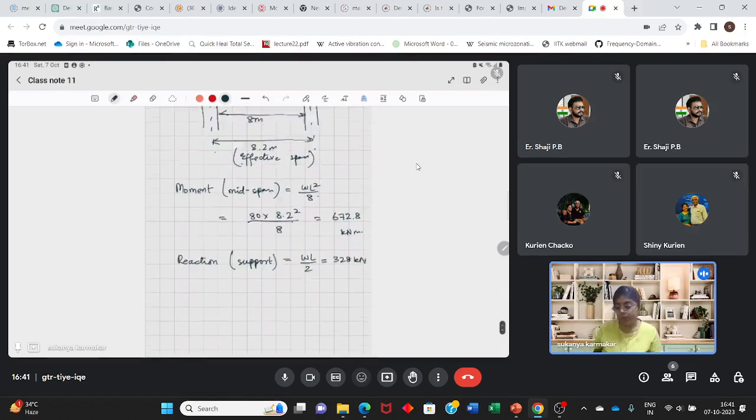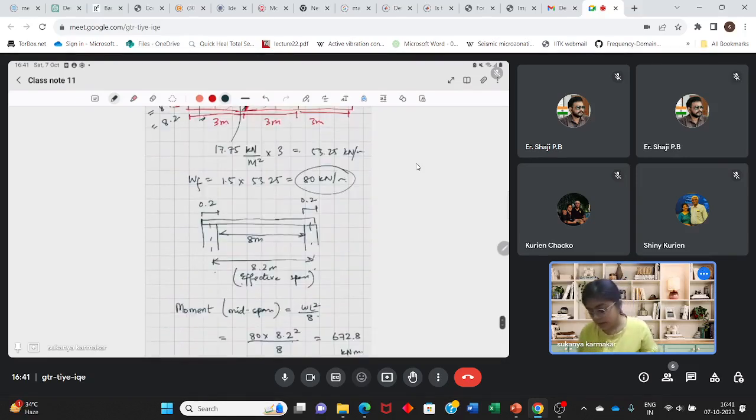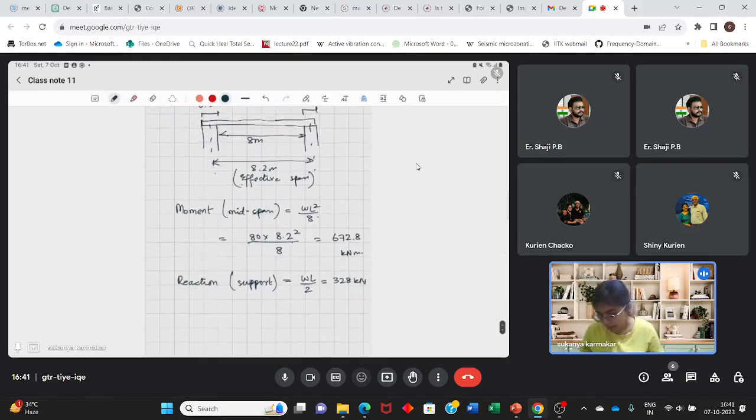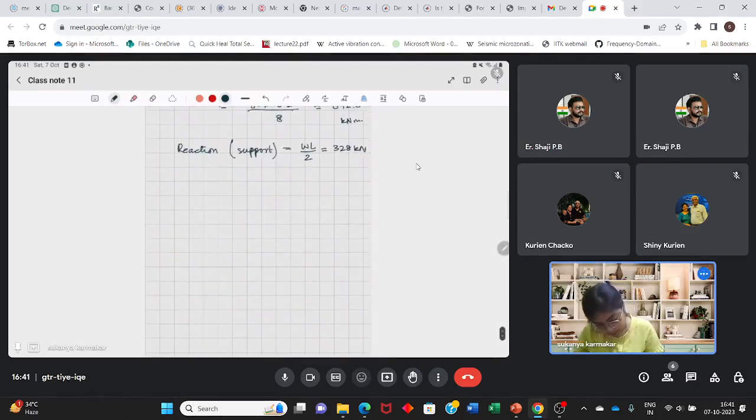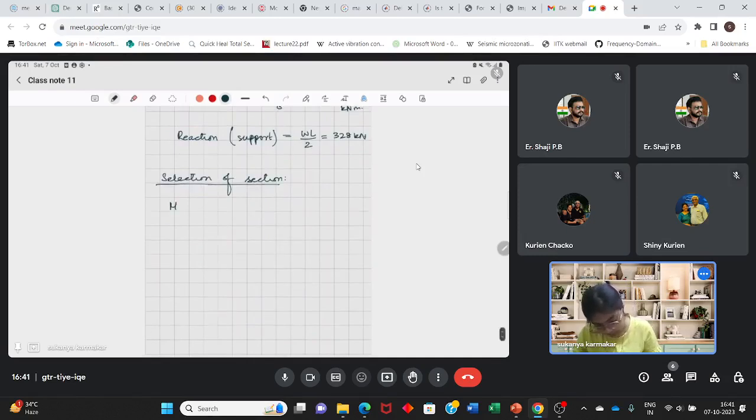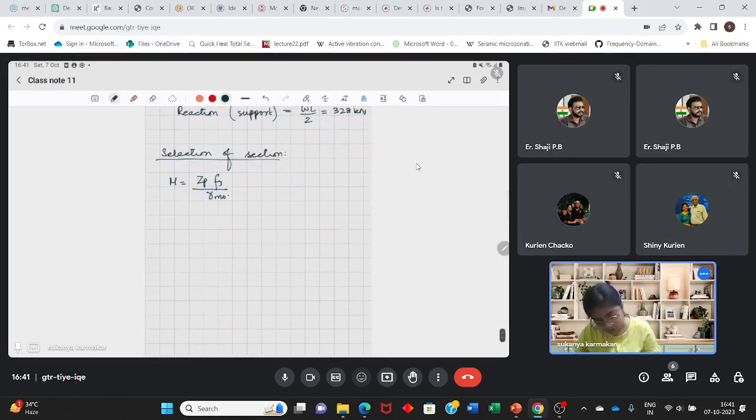Now, we have to select the section. So we know that M d equals Zp into Fy by gamma m0.